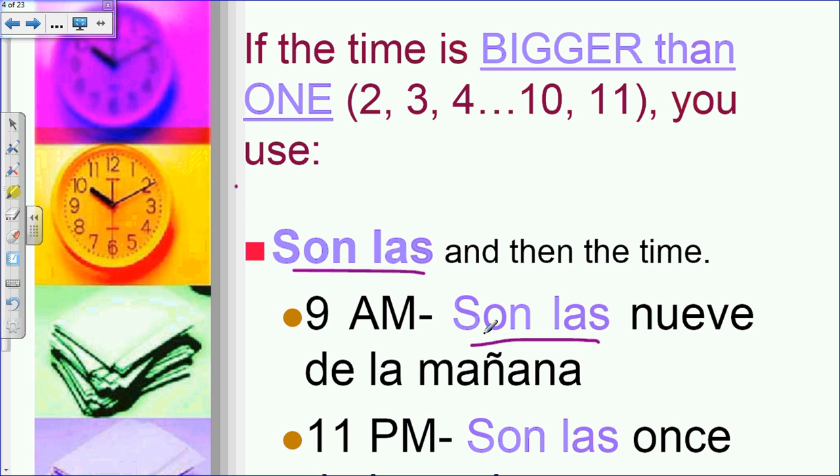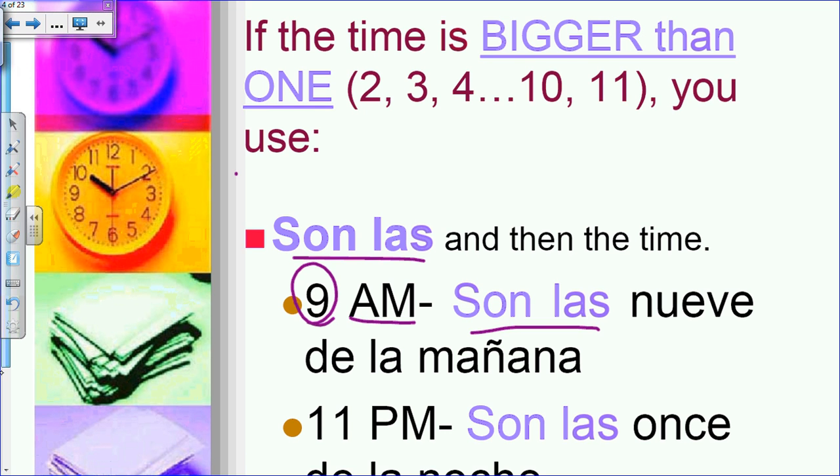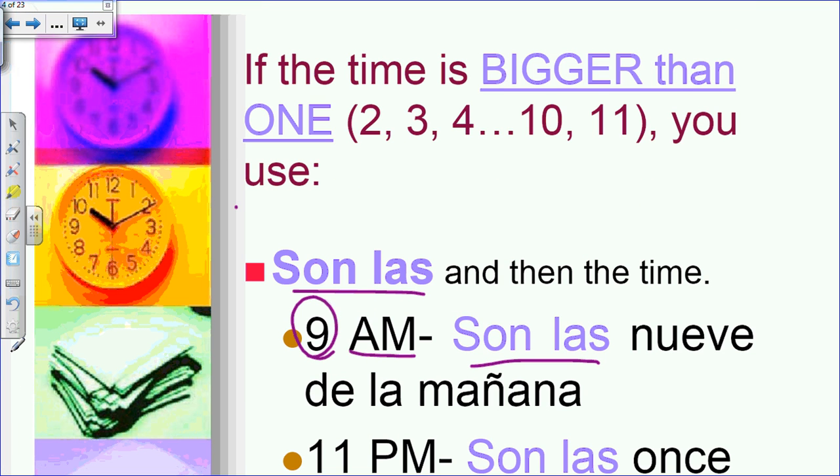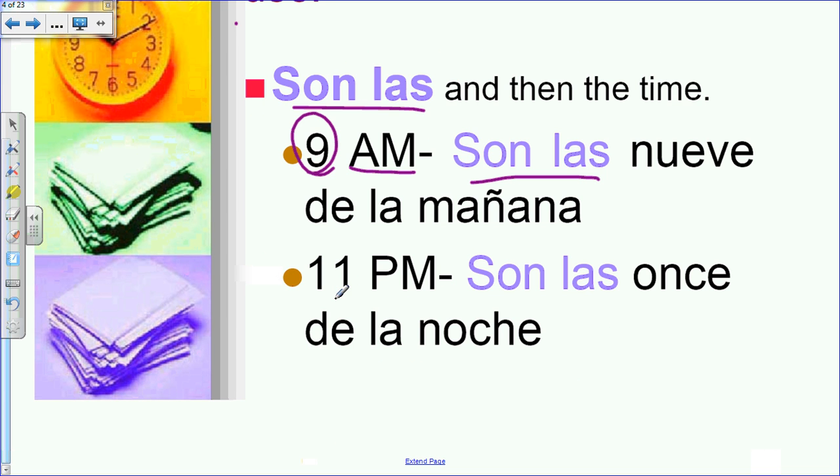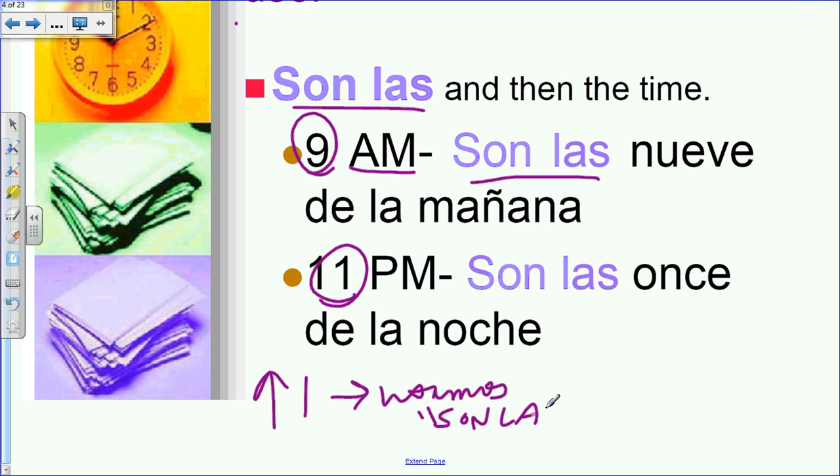Then you're going to look at the time before the colons. So 9 o'clock would be son las 9 de la mañana. If we're looking at 11 o'clock, because 11 again is bigger than 1, you're going to say son las 11 de la noche. So again, bigger than 1, usamos la expresión son las.